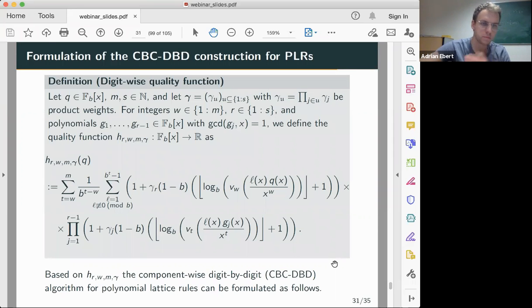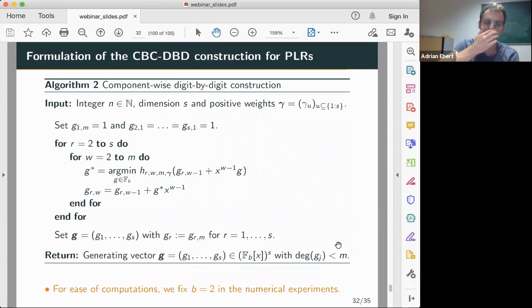The quality function for product weights looks quite similar. You just have to remember that all the arguments are polynomials instead of integers. The algorithm then also looks almost identical, just that we now don't build up the digits of an integer, but determine the coefficients of the particular polynomial component.